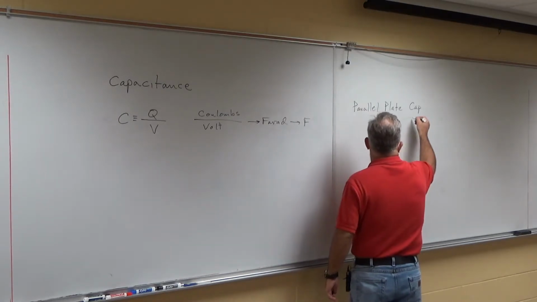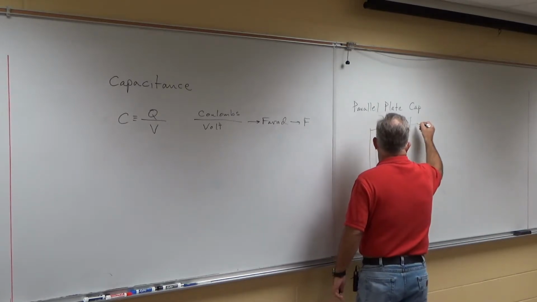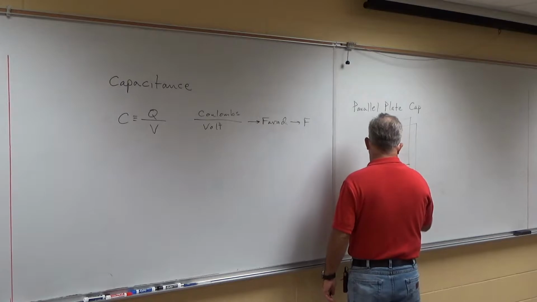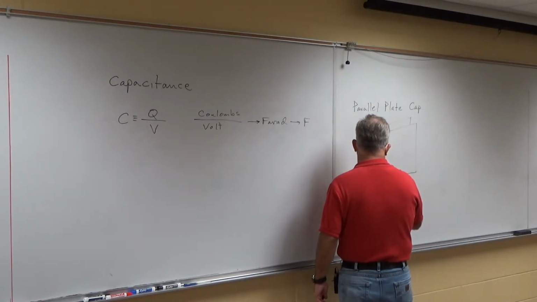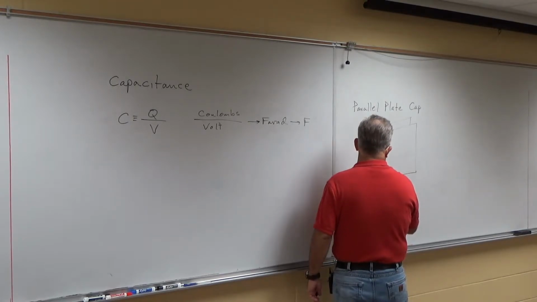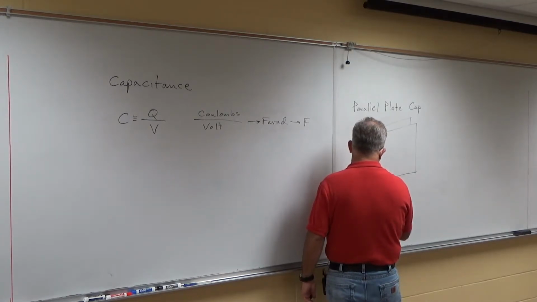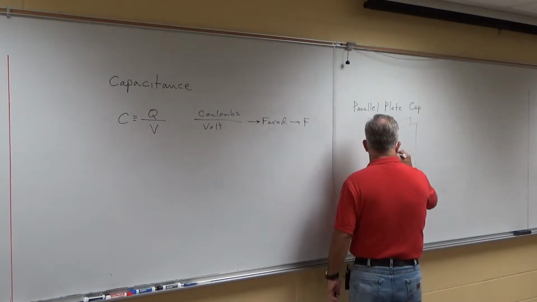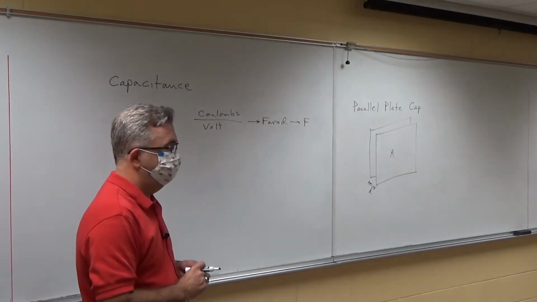You've got one plate, and then another plate, and they're separated by some little distance d, and they have an area A.